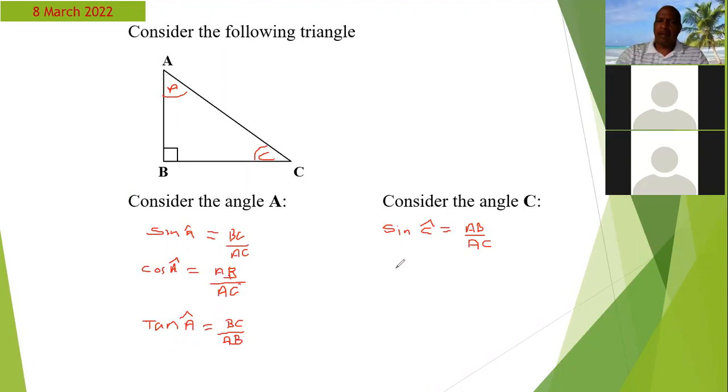All right. Cos of angle C. What was that, Miss Cabrera? Sir, BC over AC. BC over AC.